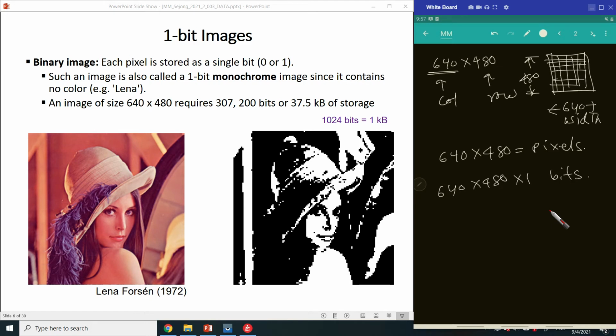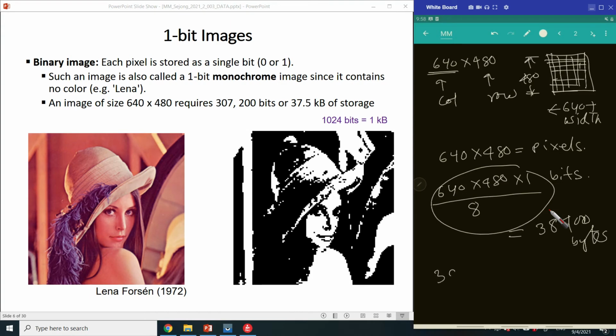Definitely this is the number of bits we need to store our image in a computer memory, whatever. Then if you divide this by 8, you can convert it into bytes. If you do the simple math, this is the number of bytes.